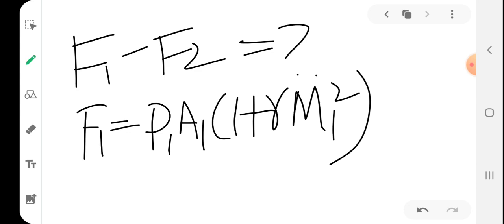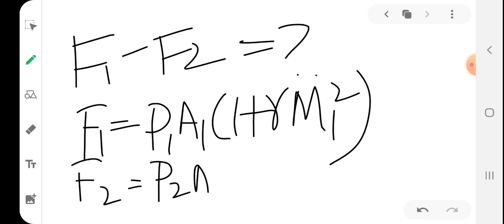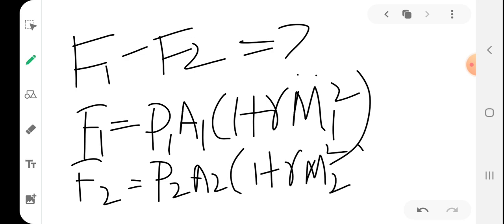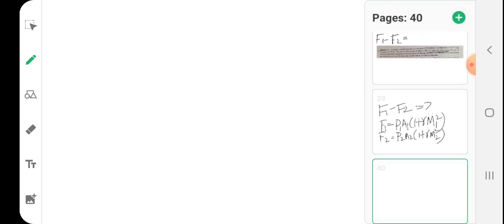Similarly, F2 can be written as P2 A2 into 1 plus gamma M2 square. If you substitute the values for P1, A1, M1, P2, A2, M2 and find the difference, you will get F1 minus F2. But I am opting for a simpler method, which is using the gas table.